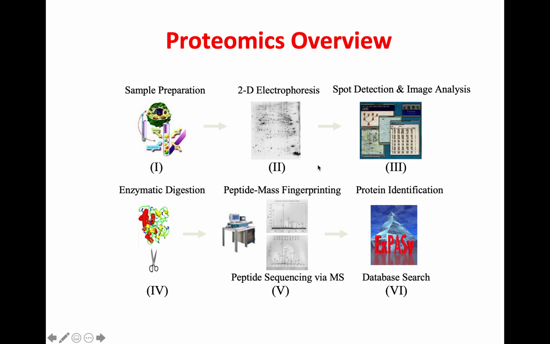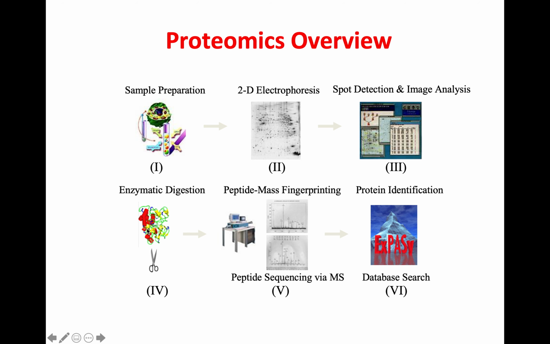Over here you have a picture of a 2D electrophoresis. If you do 2D, you can do some spot detection and image analysis. If you do 1D, you could just do some image analysis to determine the thickness or the quantitation of the band. This would be followed by enzymatic digestion.